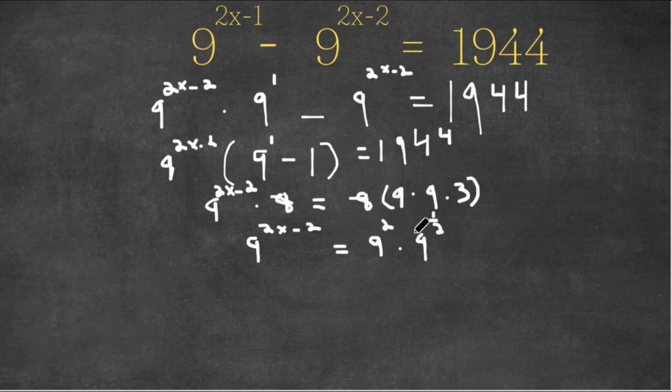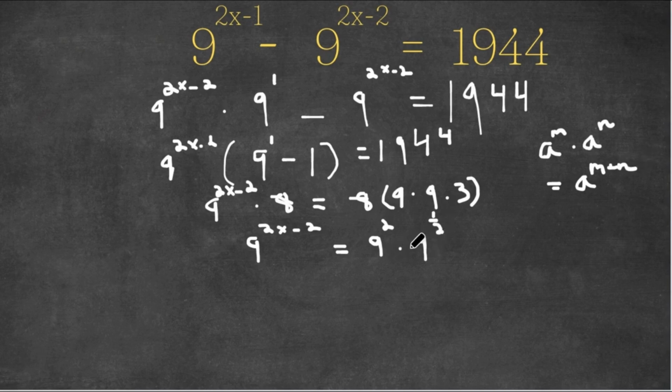So now, when we're multiplying two exponents, let's say we have a to the power of m times a to the power of n, this is equal to a to the power of m plus n.